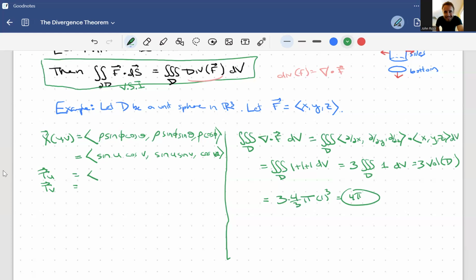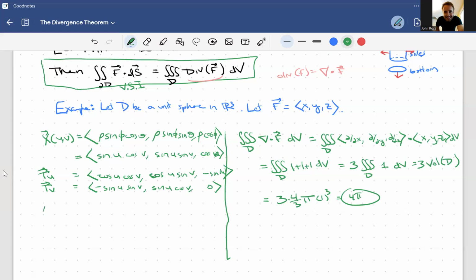Our Tu is just the u derivative, so that will be cosine u cosine v, cos u sine v, and then here a negative sine u. For our Tv, we'll take the v derivative, so we'll get a negative sine u sine v, a sine u cos v, and then we'll get a 0.